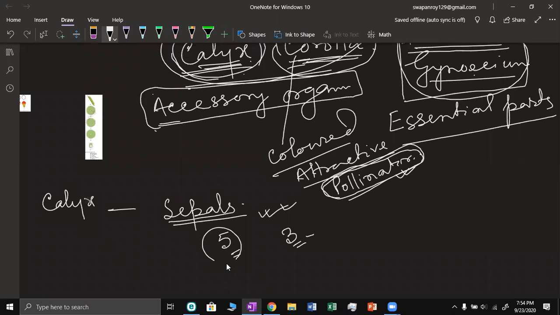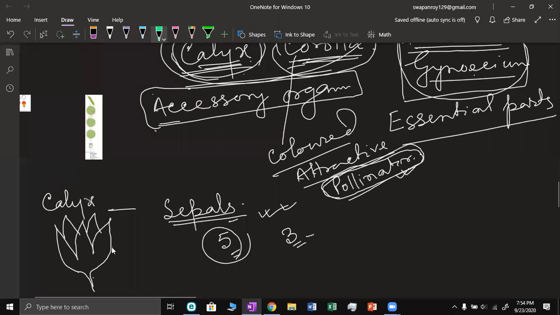Okay. So these sepals are the outermost whorl of the flower, and in most of the cases these are green in color. So in this way they can carry out photosynthesis also, but the main function is giving protection.